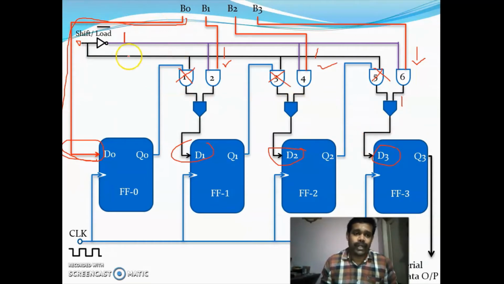So when you are giving 0, data is loaded in the shift register, and at that time AND gates 1, 3 and 5 are disabled and 2, 4, 6 are enabled.